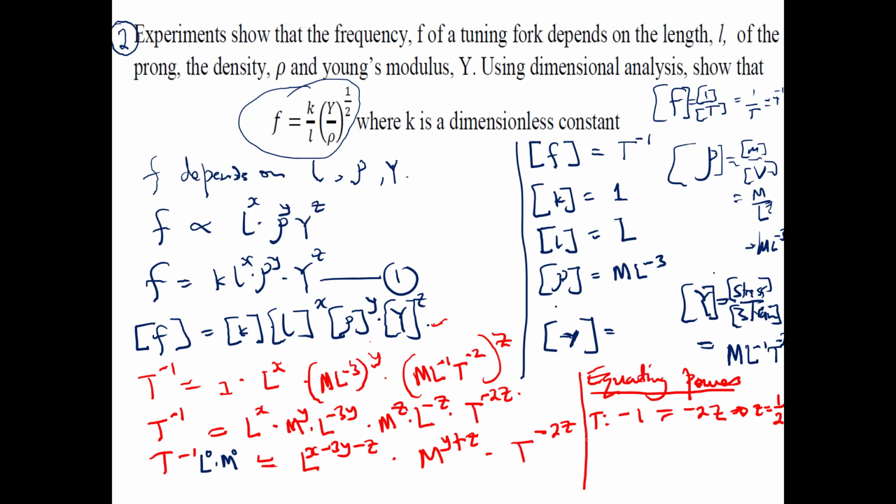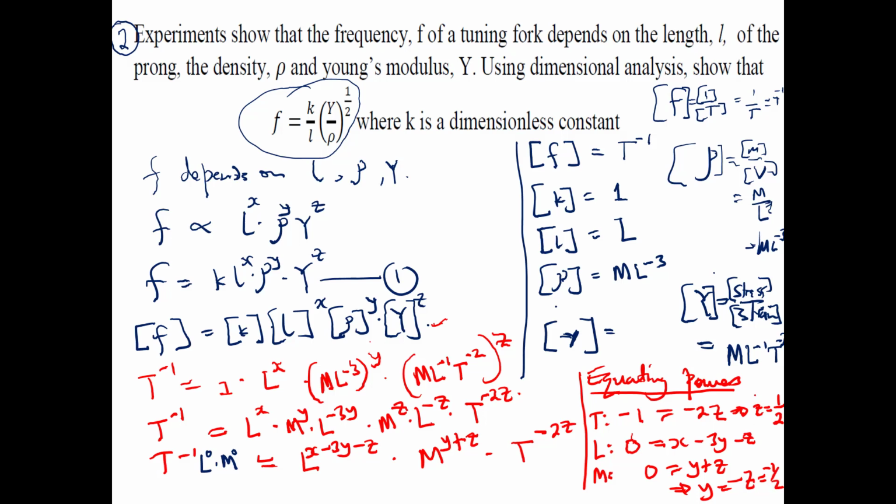Then for L, I have that 0 is equal to x minus 3y minus z. And then for M, I'll simply have 0 is equal to y plus z, implying that my y is the same as minus z, which is the same as minus a half.